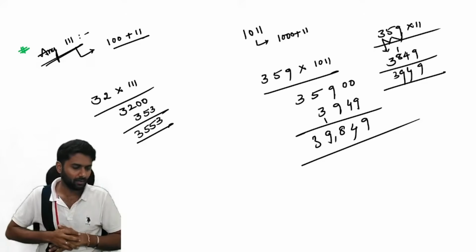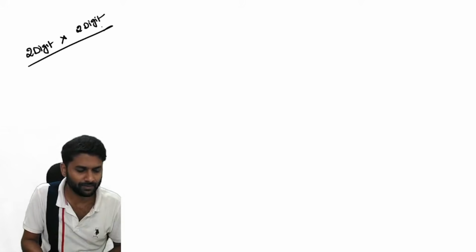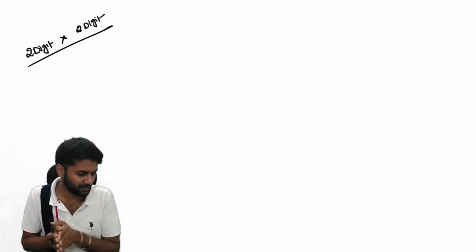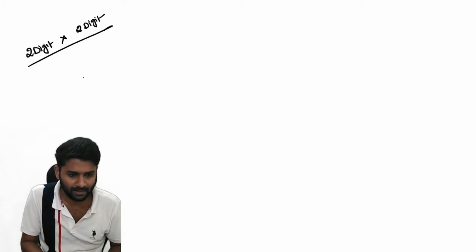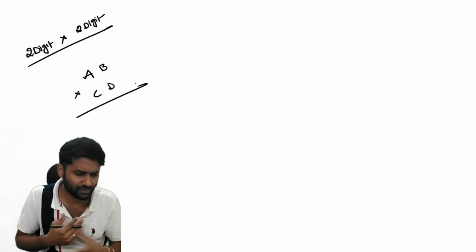So is it clear? All these 11, let's go for the next. If any two-digit number is multiplied with another two-digit number, let's understand the method here. AB is multiplied with CD. You can use same digits or different digits for those alphabets.